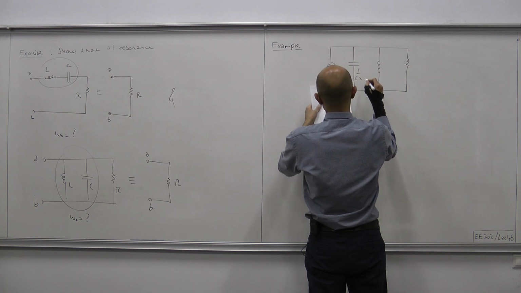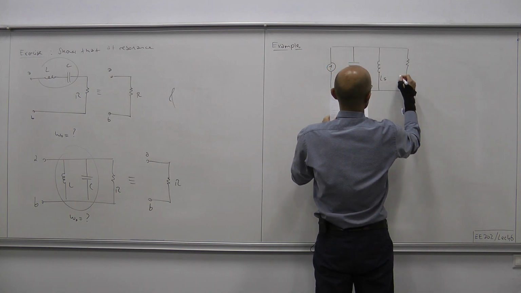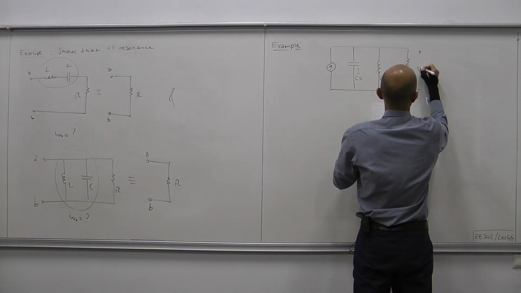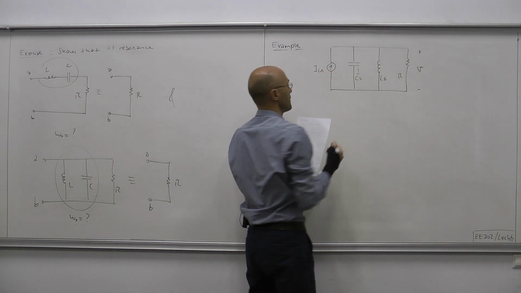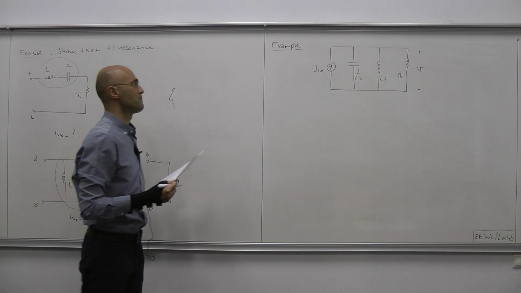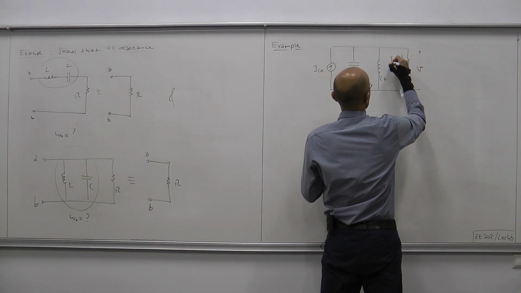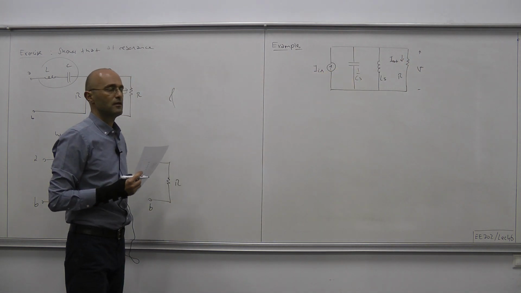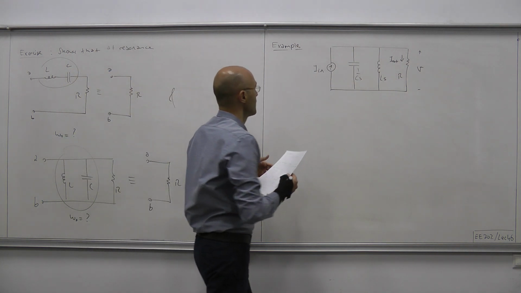Here we have 1 over Cs, here we have Ls, this is R, and let this voltage be V. Here, this current is our input, and we collect the output as the current flowing through the resistor R. That's I out.